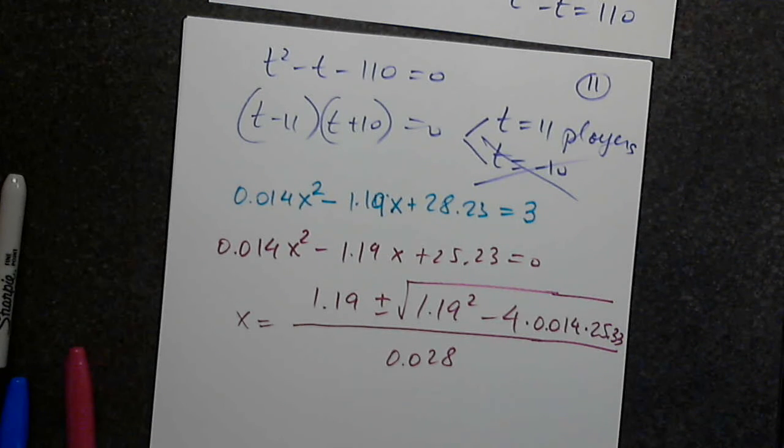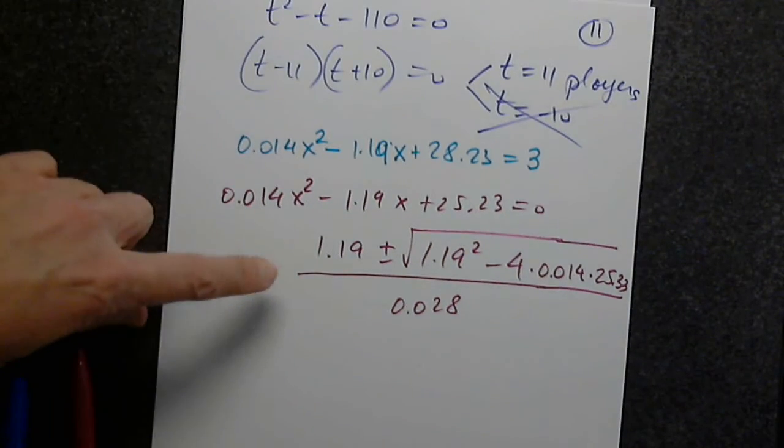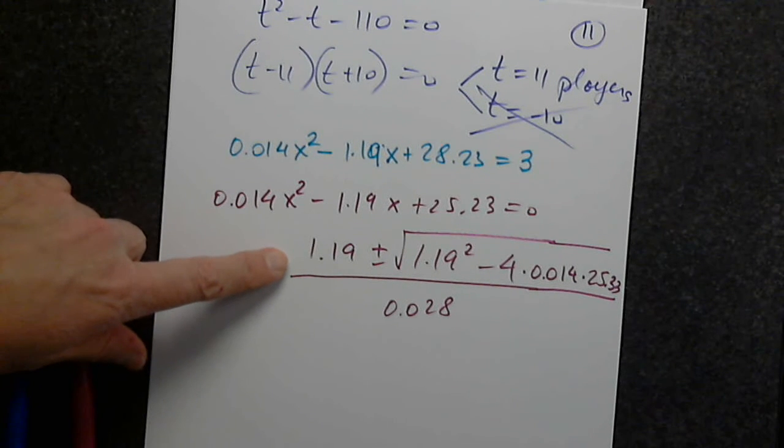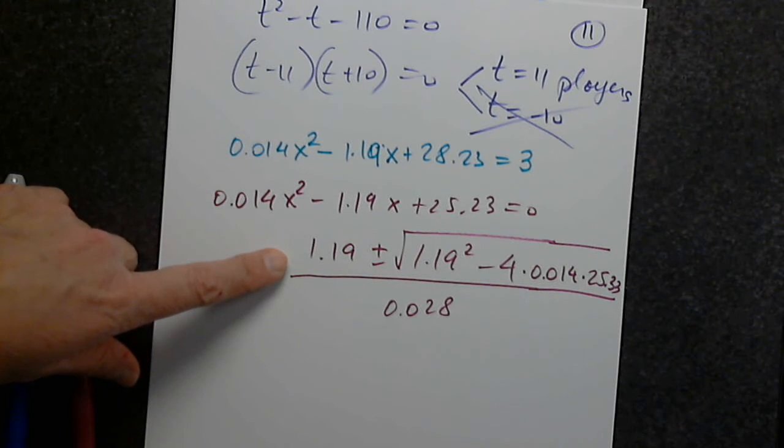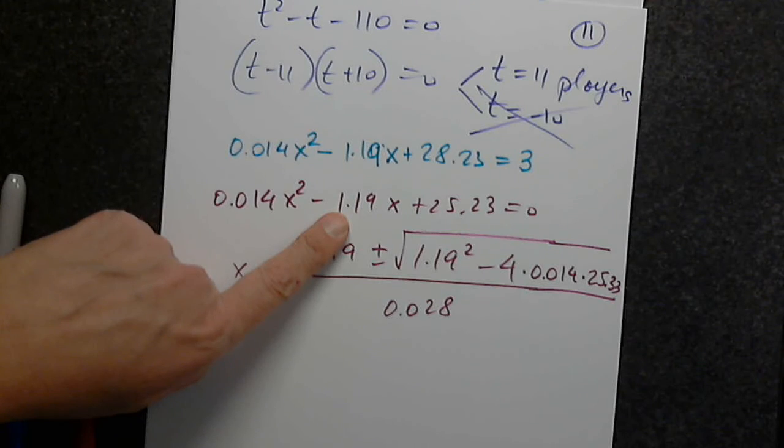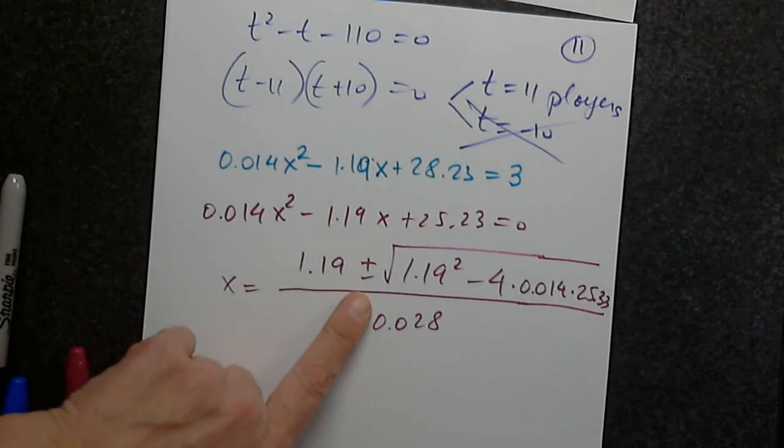So now I'm looking to make sure that I copied everything correctly. 0.014x squared, yes, minus 1.19x, yes, plus 28.23, yes, equals 3. Okay. I'm checking now. I think you have 1.19 outside the parentheses. So it should be 0.14, right? No, it's negative b. Okay. Oh, okay, plus or minus.